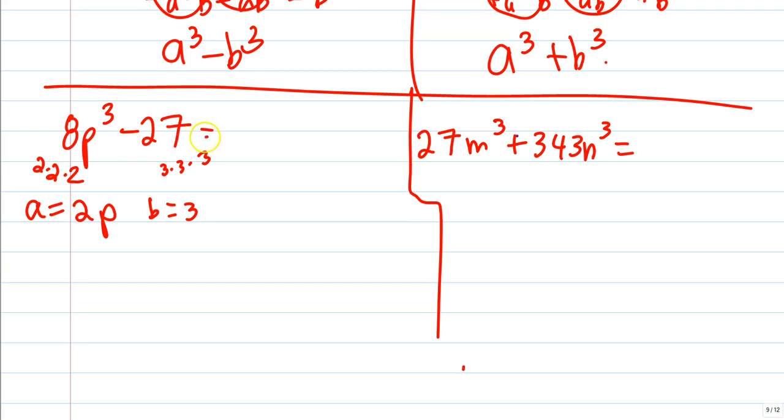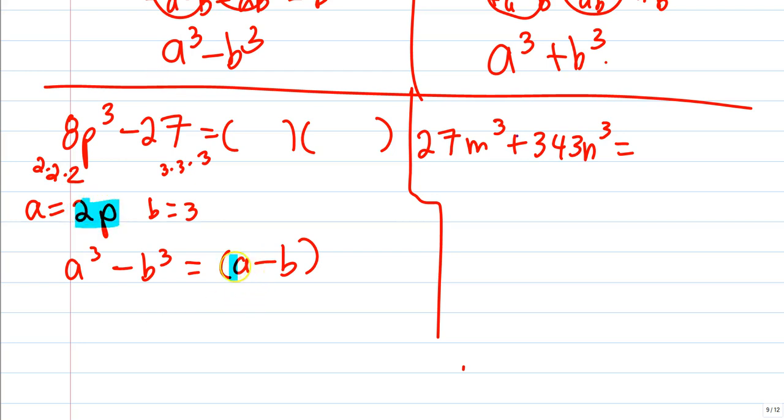So how do I handle this? Well, I go to my notes. My notes say that since I have A cubed minus B cubed, the first group will be A minus B. That makes our first group what? A minus B, or 2p minus 3.